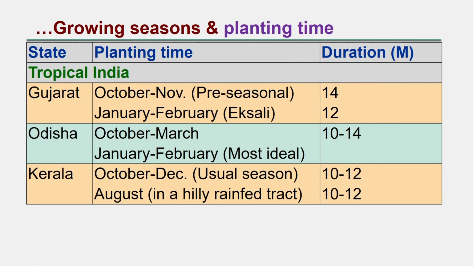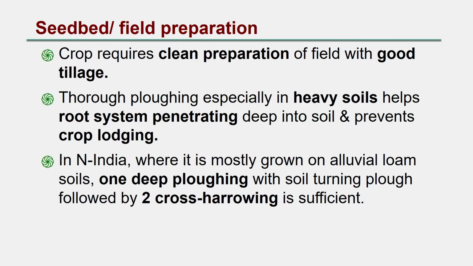In Gujarat, October to November, pre-seasonal crop, January to February, ek sali, it takes 12 months, and in Odisha, October to March, it takes 10 to 14 months, and another time is January to February in Odisha, considered the most ideal time. In Kerala, it is planted during October to December. It is the usual season, it takes 10 to 12 months, and in August also in a hilly rainfed tract, it takes about 10 to 12 months.